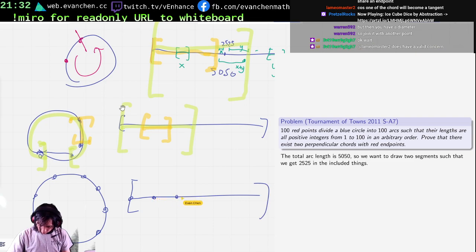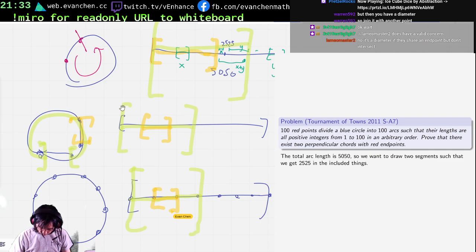So if I take a segment of length 3, and this segment of length 1, when I join them, it's from here. This is the cut point, and then like, I feel like this doesn't work. I really feel like this shouldn't work.